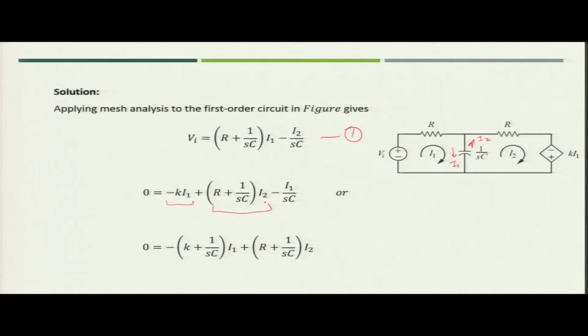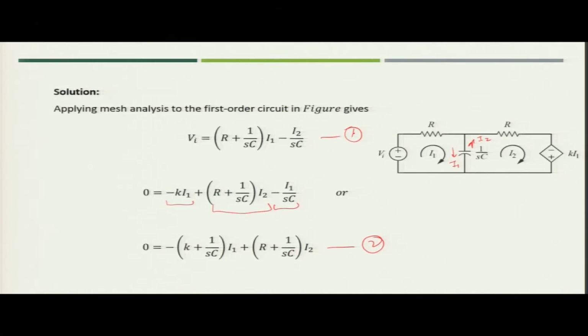Then you get R plus 1 by Sc into I2 minus I1 by Sc, because I1 and I2 are opposite in this capacitor component. When you rearrange, you will get another equation in the form of I1 and I2. So, now you have these two equations.